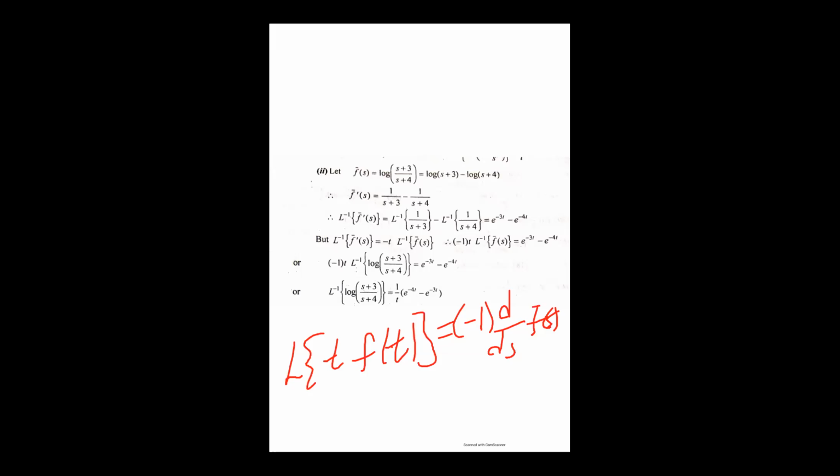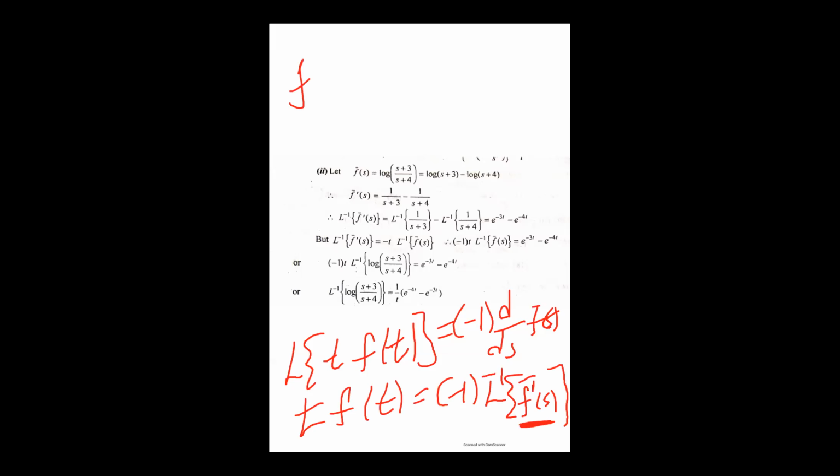So multiplying L inverse on both sides, in the left hand side t into f of t equals minus 1 L inverse of the derivative. So the derivative is simply f dash of s. So that's why we first find the derivative of f bar of s.